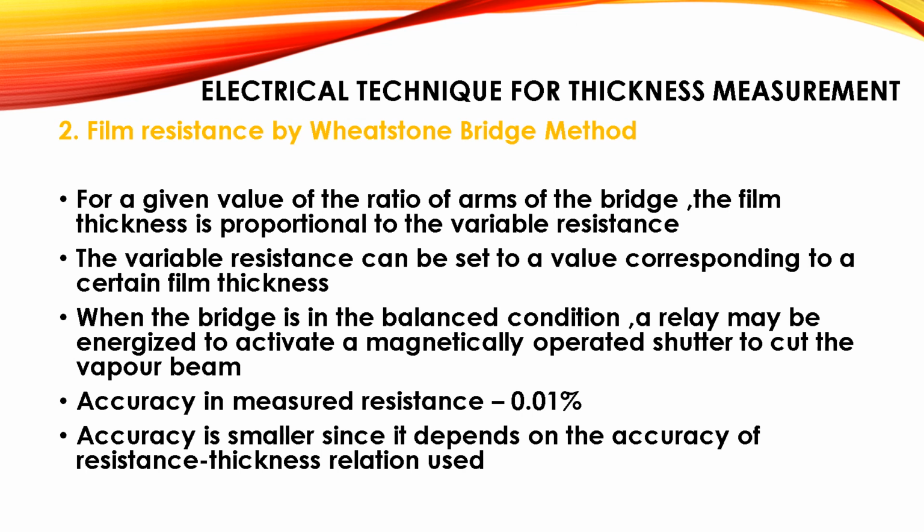In this experiment, the accuracy obtained in the measured resistance is approximately 0.01%. The accuracy of the calculated thickness value is lower since it depends on the accuracy of the thickness-resistance relation we used.